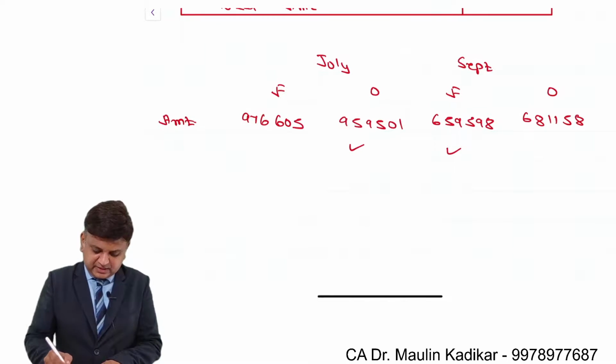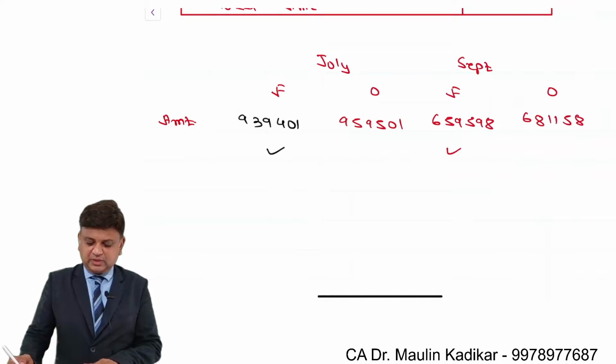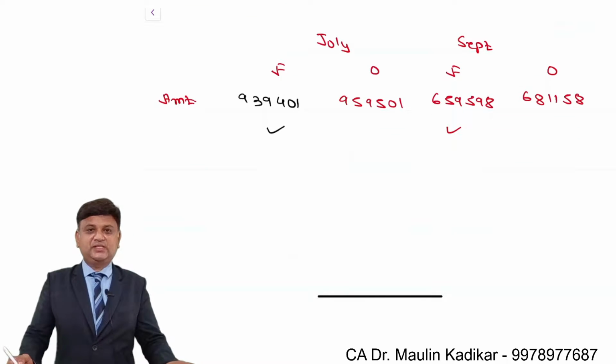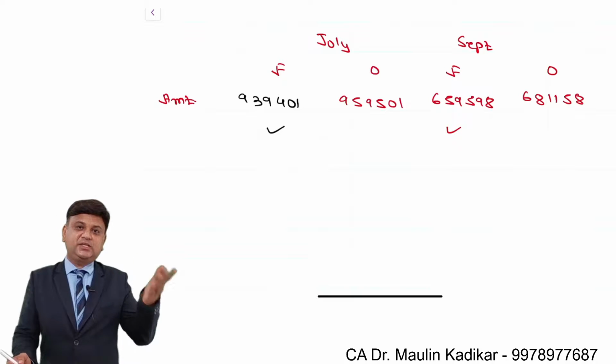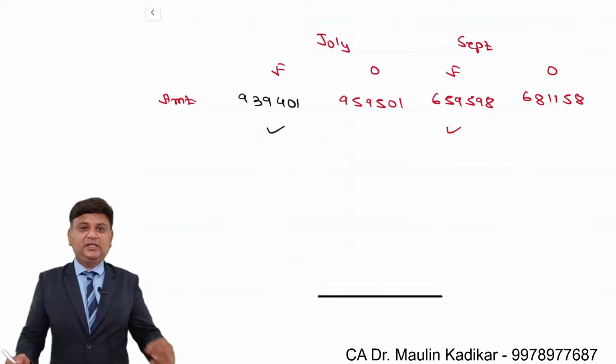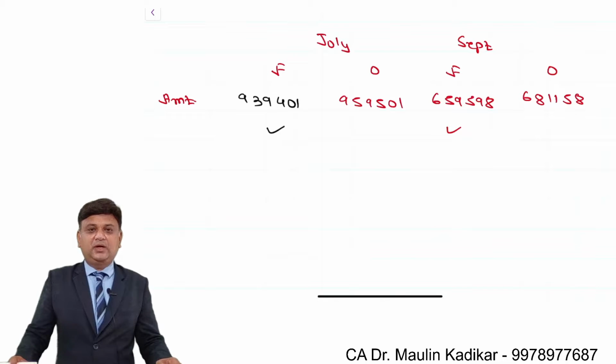Sorry friends, for 1 month the amount that I have written is wrong. It is 9,39,401. Okay, so in both the cases we understand that the forward is selected and not the option. However, we can always understand that if the spot exchange rate is more favorable, then in that case the option contract cost can reduce. However, in case of the forward it will not reduce.